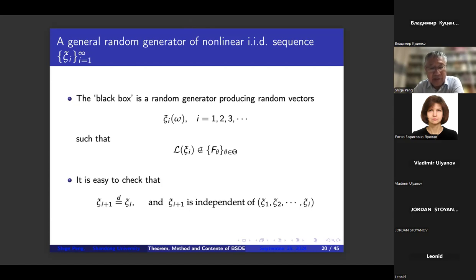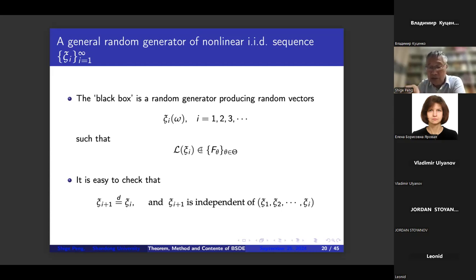What I mean is, the generator of ordinary IID random variables each time just gives a sample randomly, but we know the distribution.